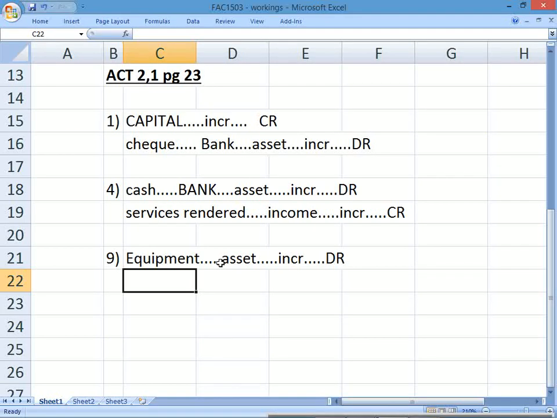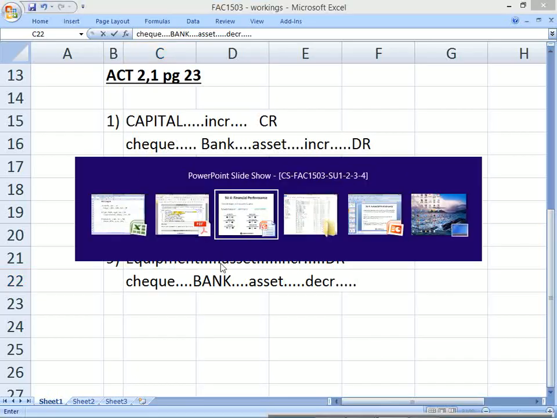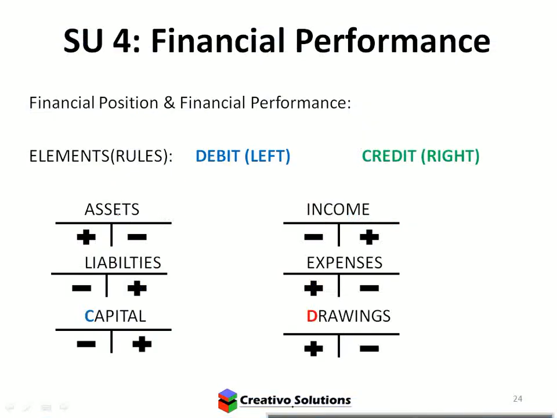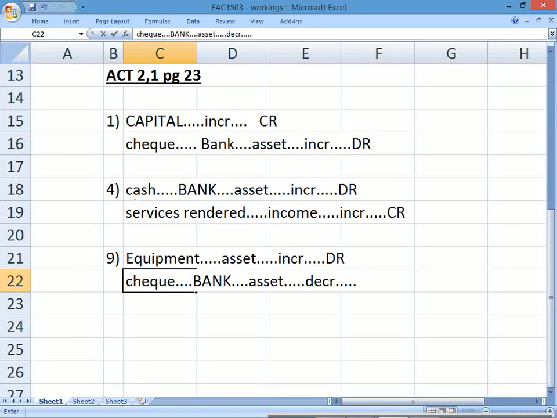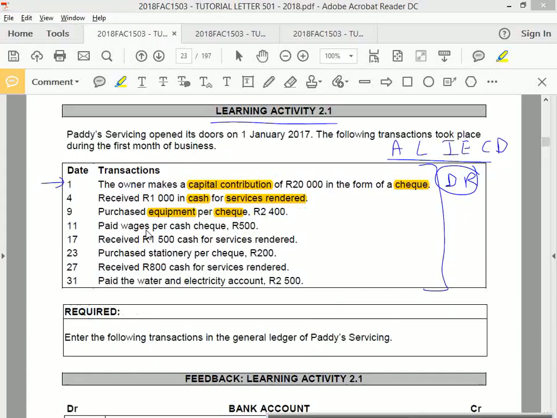If I'm buying per check, check tells me I'm thinking about bank. The bank is affected. Bank I know is an asset. If I'm using money from the bank, the money is going to decrease. Look at this rule. Where do assets decrease? On the credit side. Brilliant. There's another one.